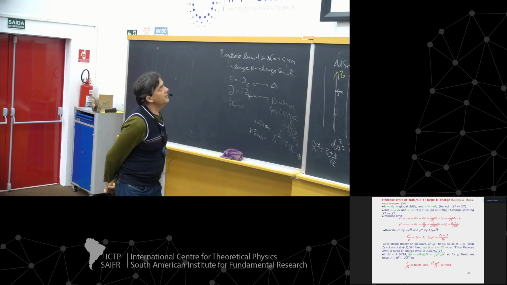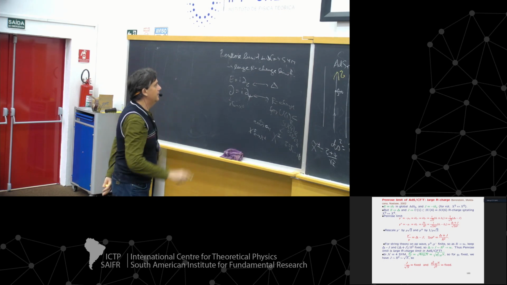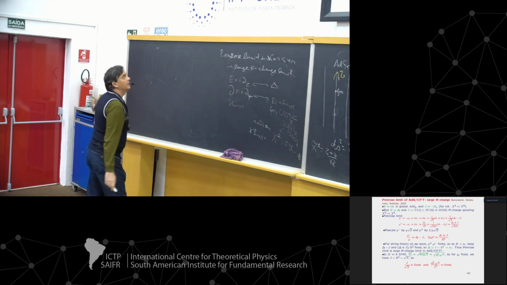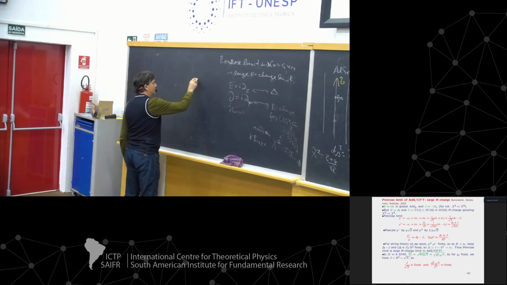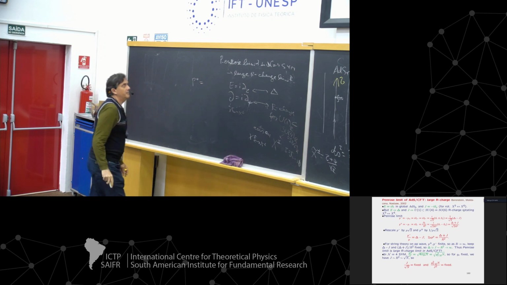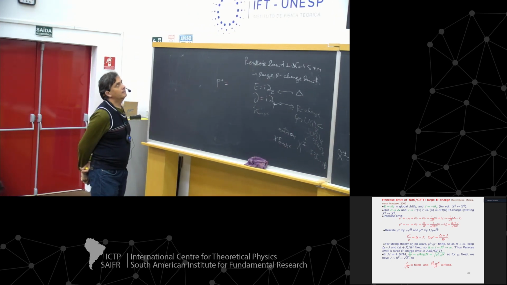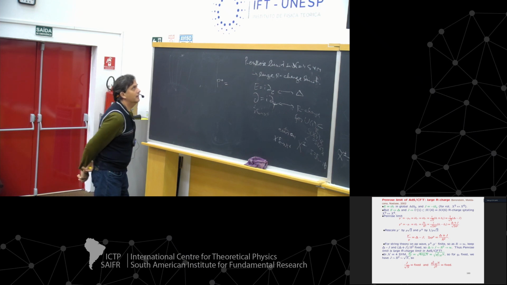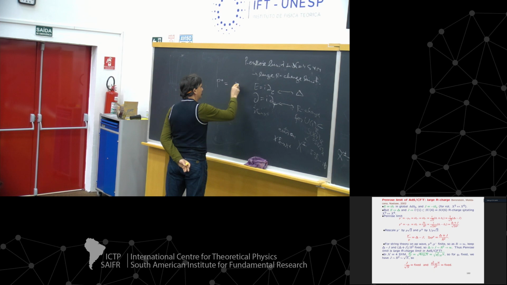And then we see, by writing explicitly what P plus and P minus mean, that P plus, the translation in x plus, corresponds to delta minus J over root 2.